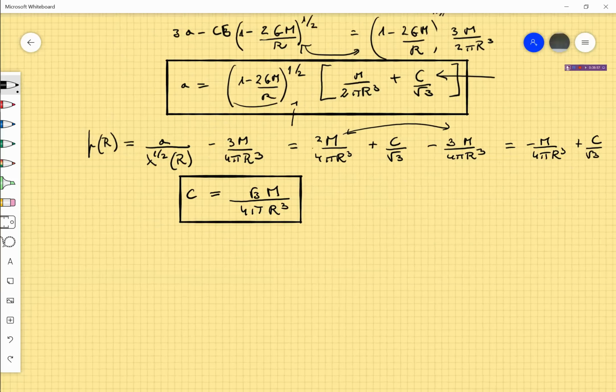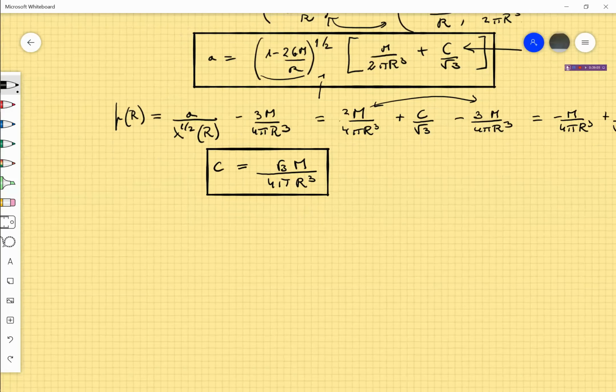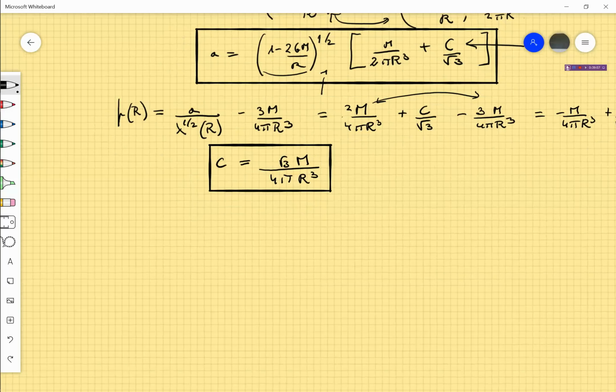And now we can collect all the results, and let me just write the final form of lambda, the final form of mu, and the final form of the pressure. The density was given to us and it was constant, so we know it.